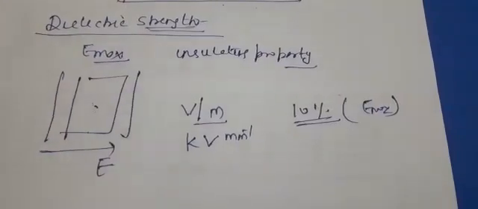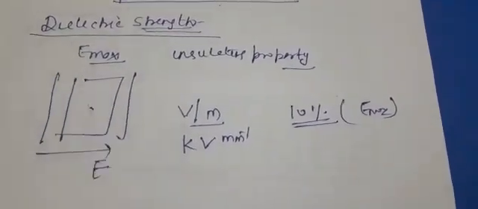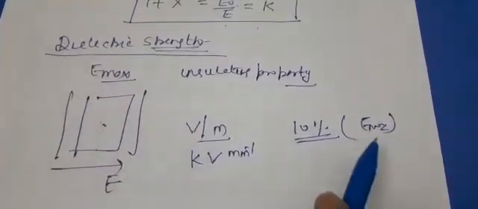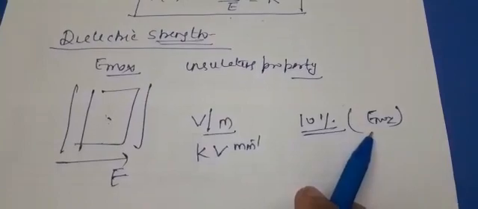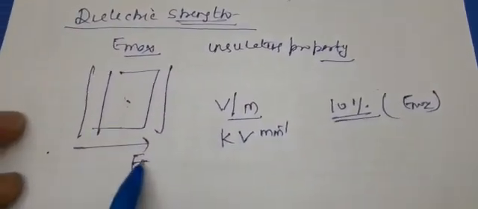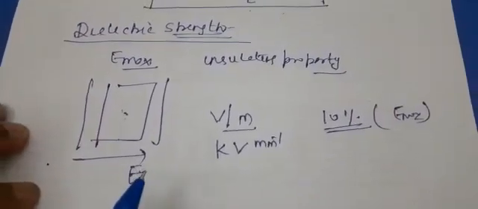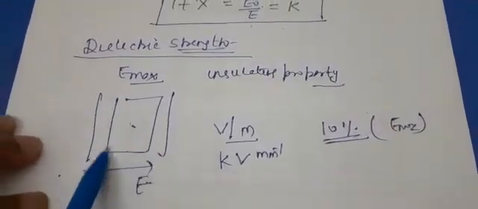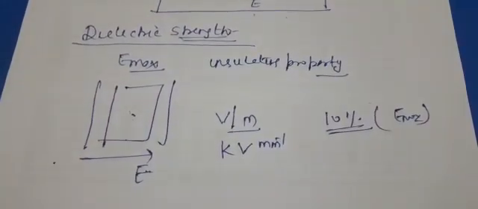So to preserve its insulating property, the field applied will be only 10% of the maximum electric field which it can handle. This is one particular precautionary point.